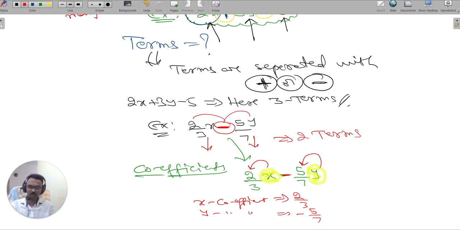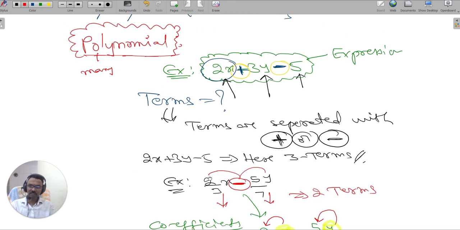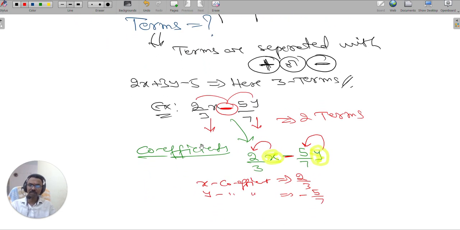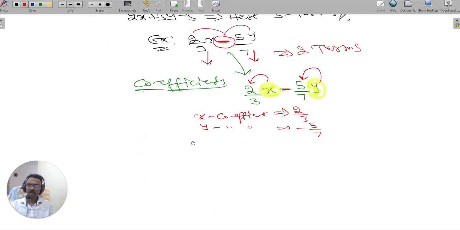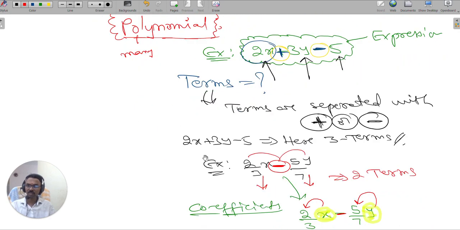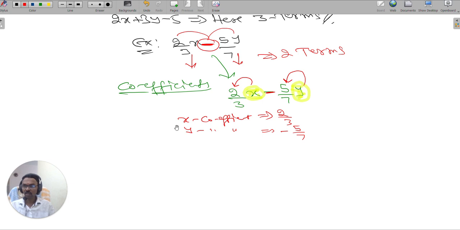Now we have learned two concepts of the expression: terms of the expression and coefficients of the expression. Now let me come to the concept of polynomial.